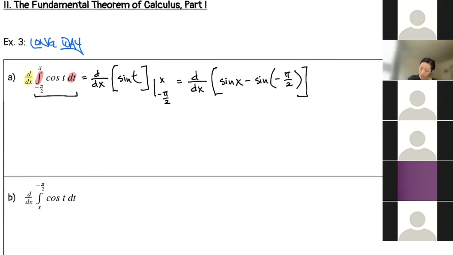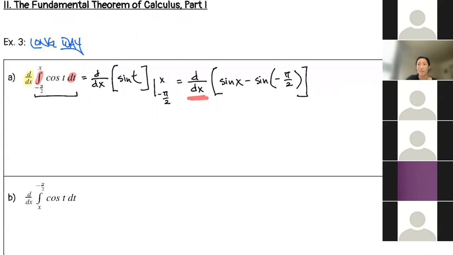Sorry for all the zooming back in and out. How are we feeling so far with this first part, like the integral part? Okay. All right. So now what are we going to do?